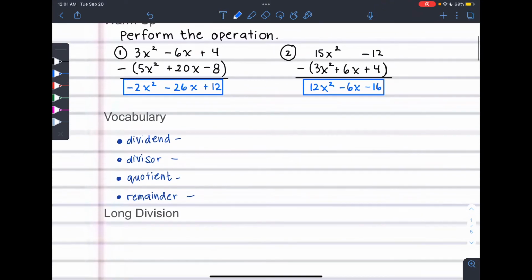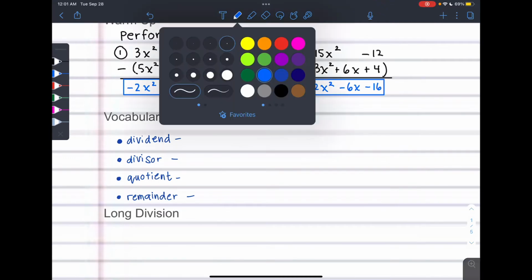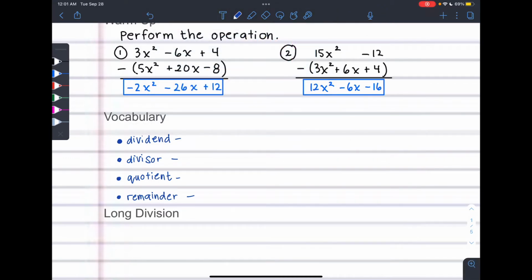So when we look at these vocab words here, okay, it's important for us to know what we're talking about when it comes to division. So with a dividend, this is the value being divided. Okay, the divisor is the value that divides the dividend.